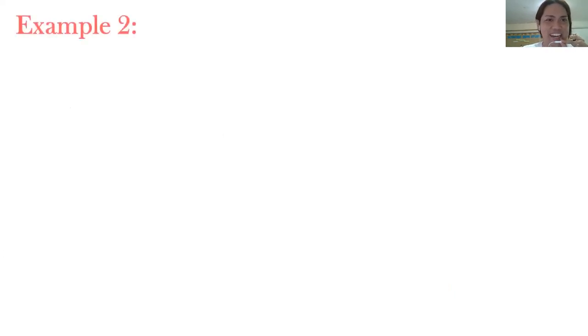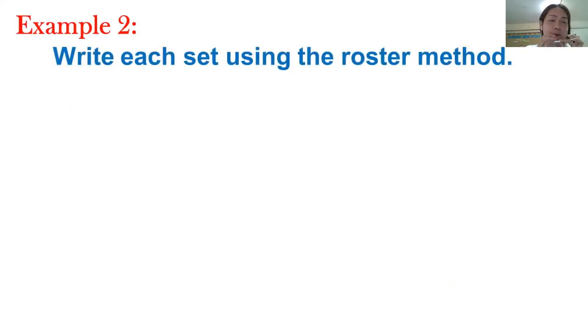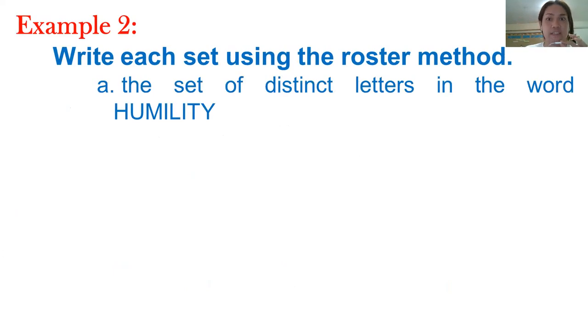Now let's have example number two. In example number two, you are going to write each set using the roster method. This time you're going to use the roster method. How will you name the set of distinct letters in the word humility using the roster method? I'll give you time to do it.